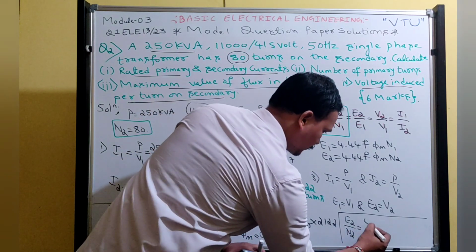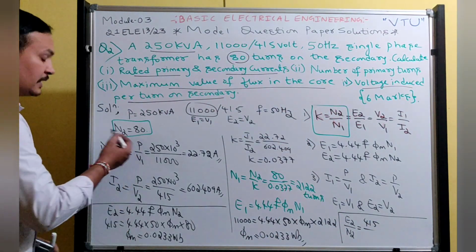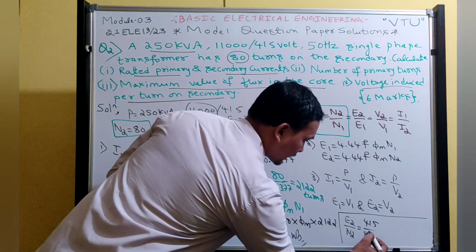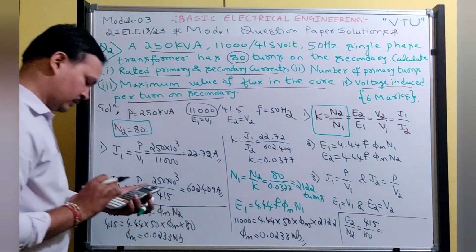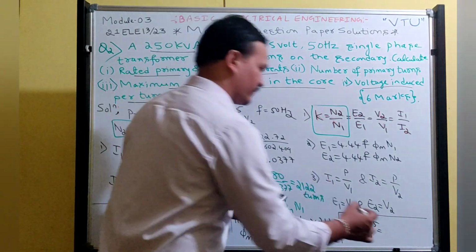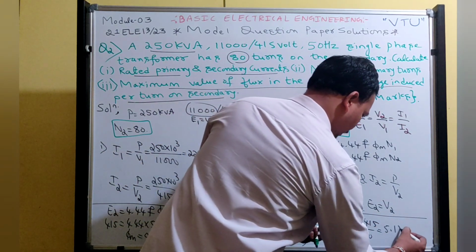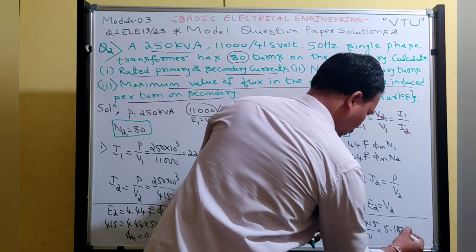So what is E2? 415. What is the value of secondary turns? 80 turns. 415 by 80, how much will you get? 5.1875. Very good. 5.1875 volts.